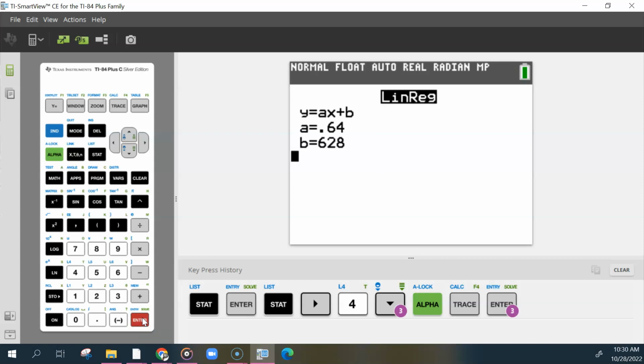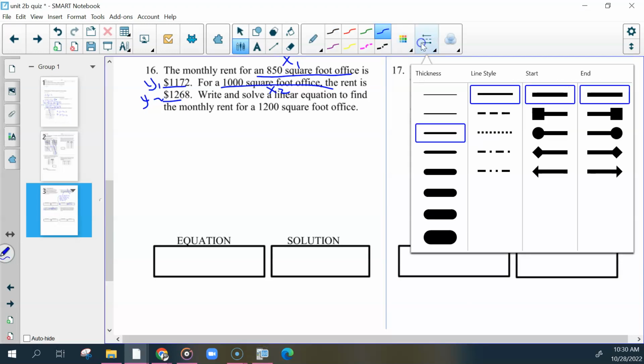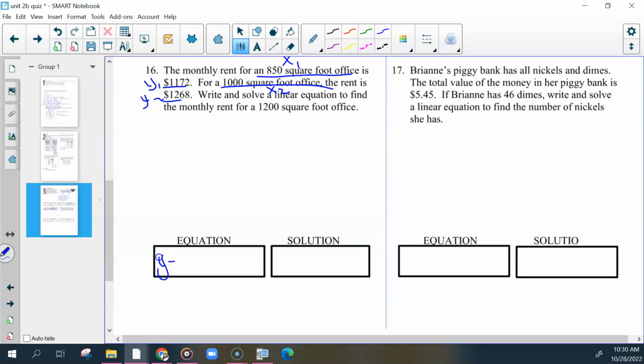This would be the equation you write in your box. Y equals 0.64x plus 628. And you would say you use line of best fit to find it.